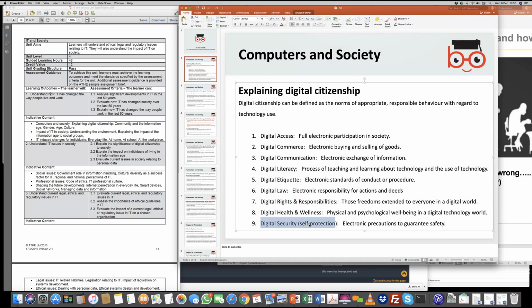Never share your password with strangers, and don't share sensitive information online because it's all in the open domain. So when we start to use technology, we are also signing on to something called a responsible behavior charter, which falls under digital citizenship.